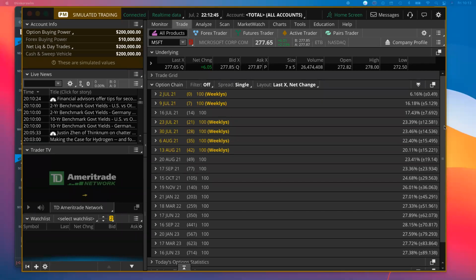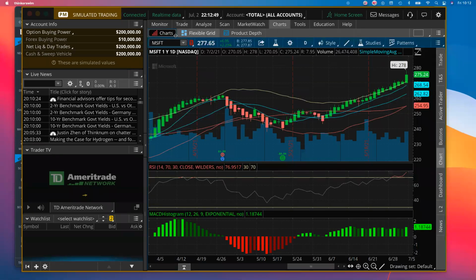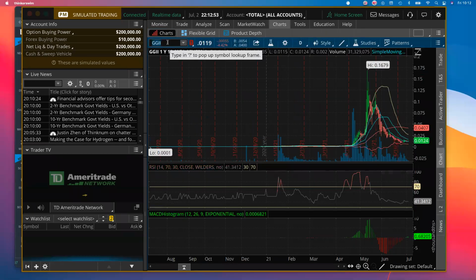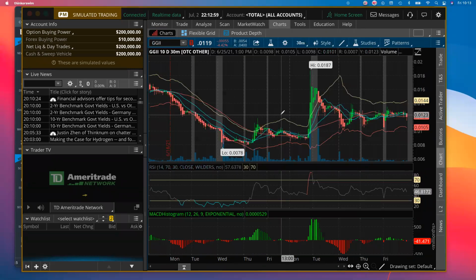UGII has been a sideways pattern that keeps going down. But this right here, I would say is a sideways pattern. This was the going down part right here.